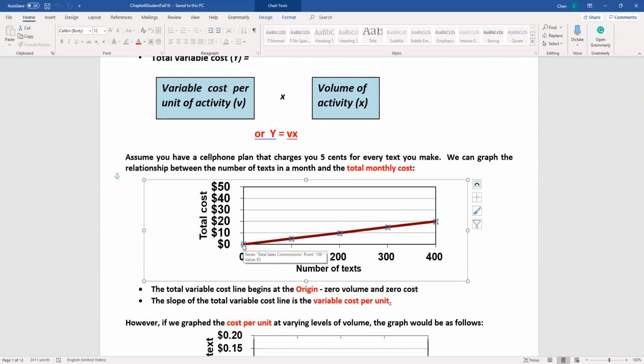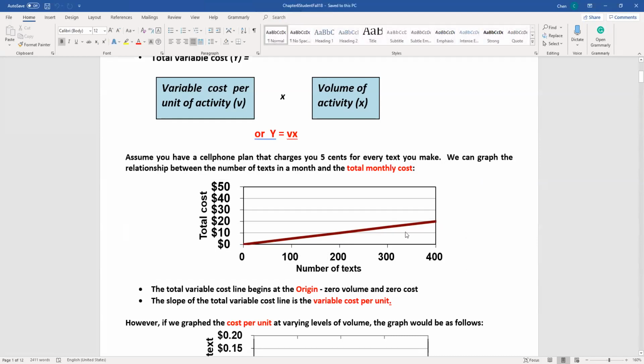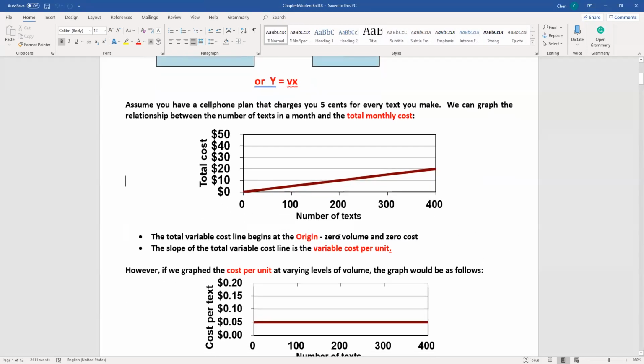If you don't make any texts, then you will be charged $0, nothing. And then the more texts you make, the more you're going to be charged. The total dollars you have to pay for the texts will depend on the total number of texts that you make, okay?